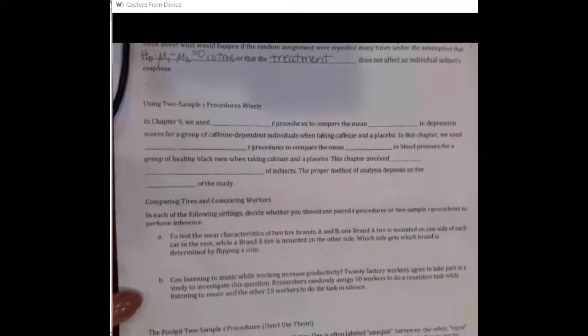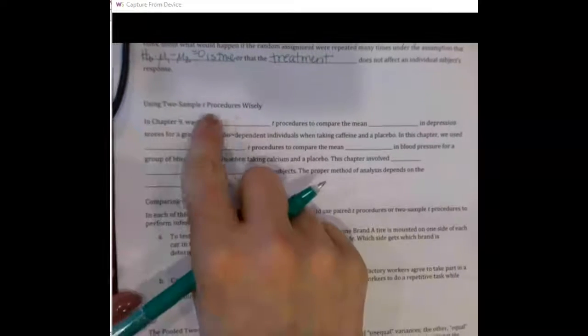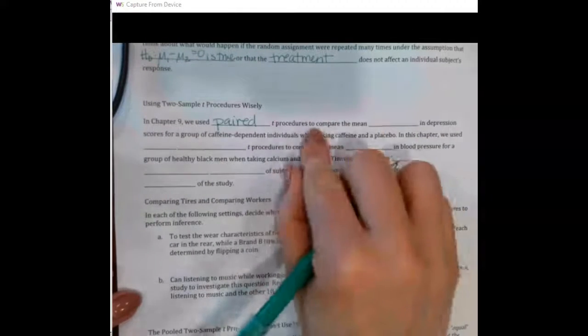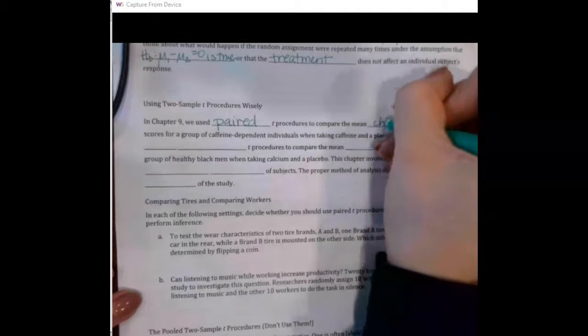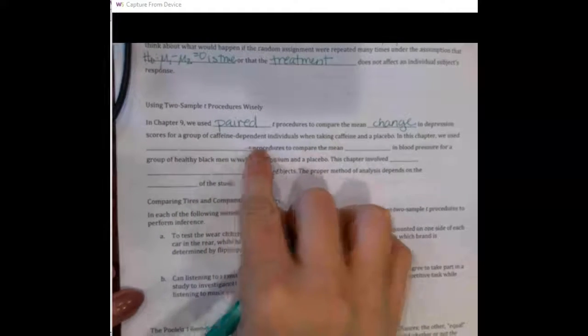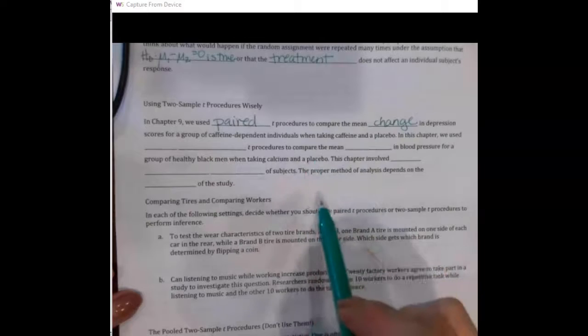Okay? So, using two-sample t procedures wisely. In chapter 9, we used paired t procedures to compare the mean change in depression scores for a group of caffeine-dependent individuals when taking caffeine and a placebo.